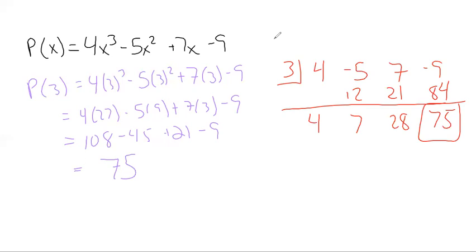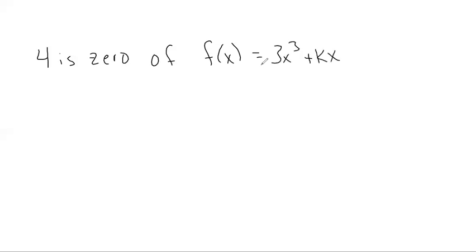The last example I have for you. They're going to give you that 4 is a zero of f of x equals 3x cubed plus k times x minus 2.